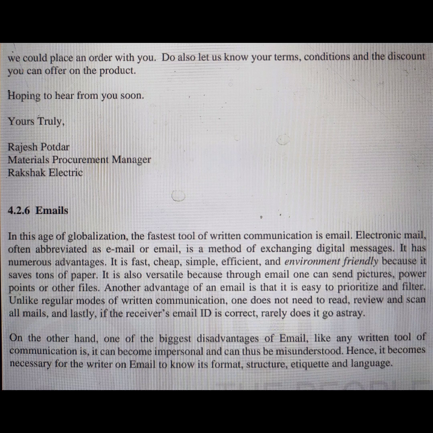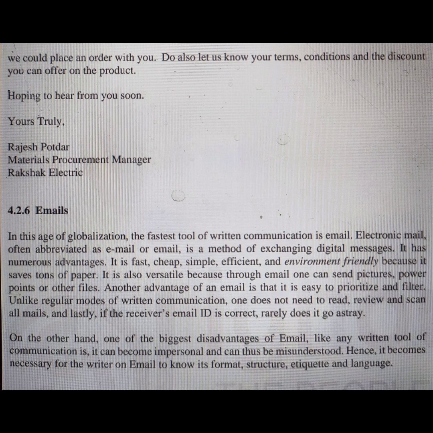It is also versatile because through email one can send pictures, PowerPoints or other files. Another advantage of an email is that it is easy to prioritize and filter. Unlike regular modes of written communication, one does not need to read, review and scan all mails, and lastly, if the receiver's email ID is correct, rarely does it go astray.